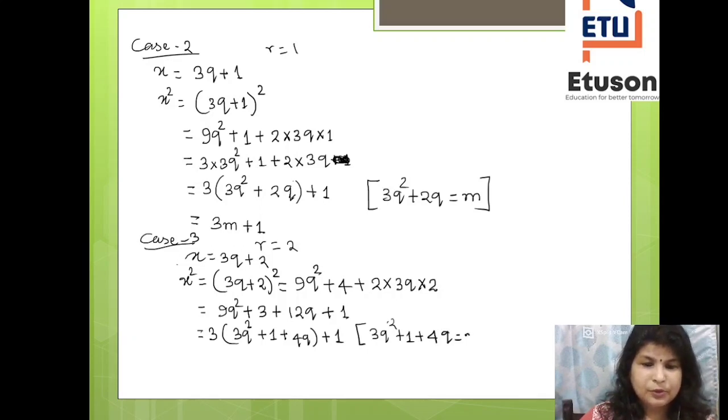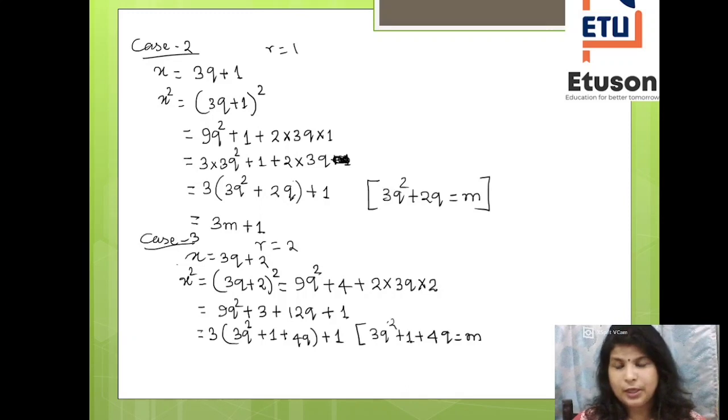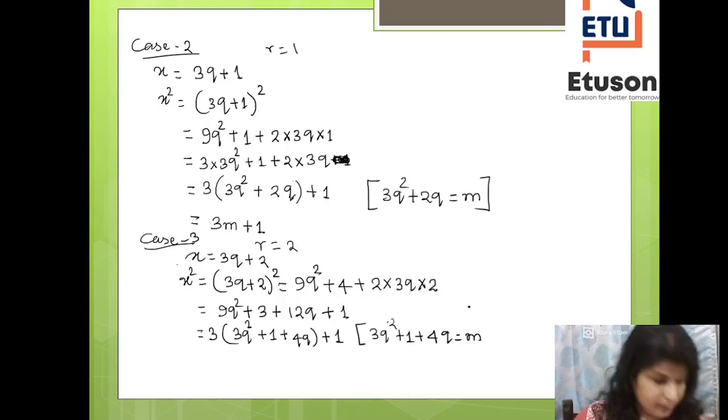Let 3q square plus 1 plus 4q be equal to m. So I can write 3m plus 1.